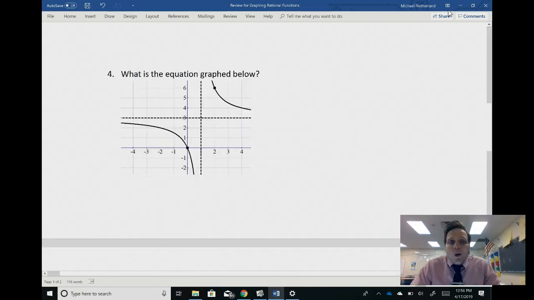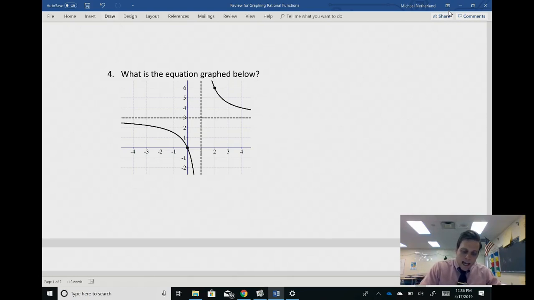Number 4. What is the equation graph below? So first off, when we're looking at this problem, hopefully you notice, okay, I've shifted my vertical and horizontal asymptote around. Usually, we have a vertical asymptote happening right here on the y-axis, and usually we have a horizontal asymptote happening right here on the x-axis.